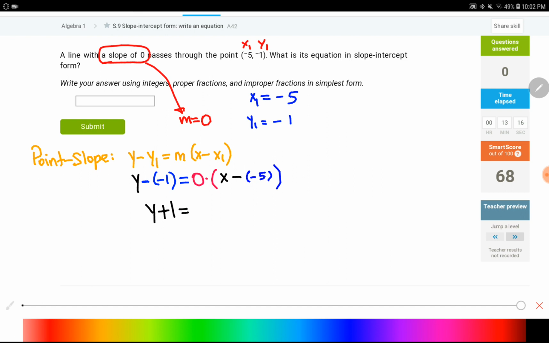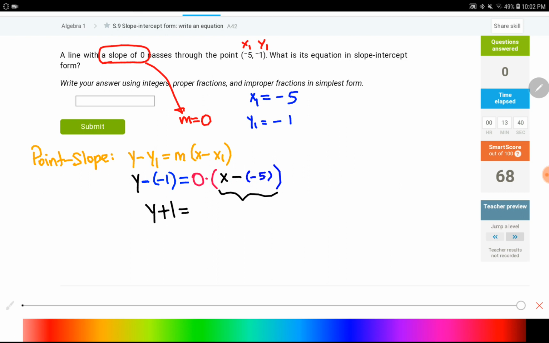And now, the best part of this is we don't even need to do anything to simplify the parentheses because whatever that parentheses is will be multiplied by 0, which means, what does it matter whether this means 7 or 11 or like x plus 8 or -3?